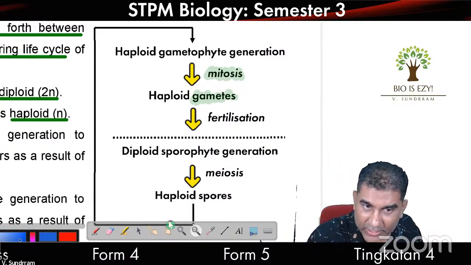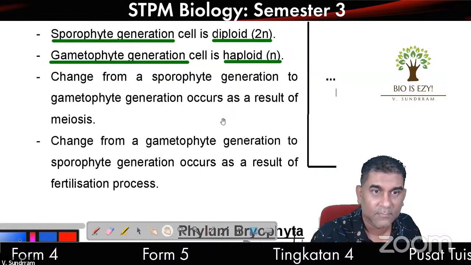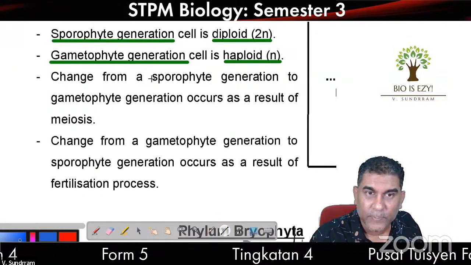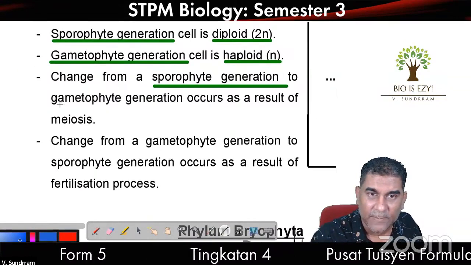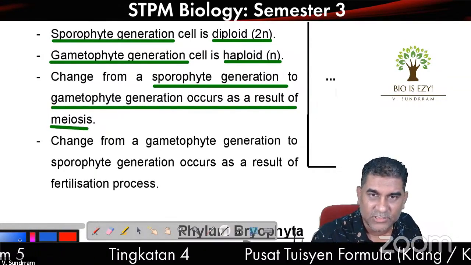Now, if you understand this chart, then the next two questions. Sporophyte generation becomes gametophyte generation because of meiosis.